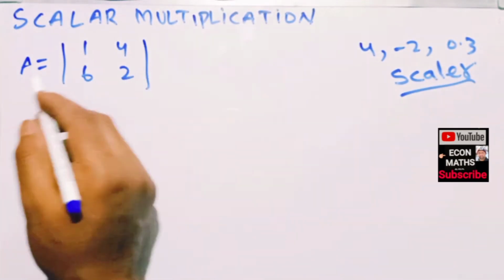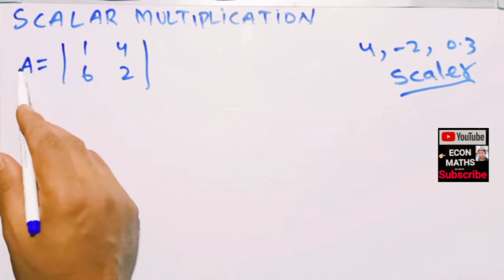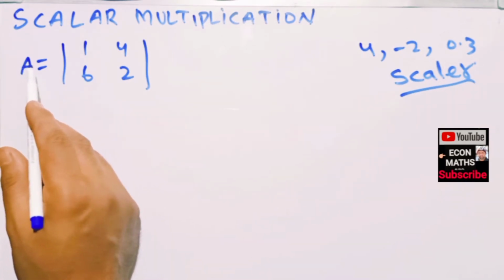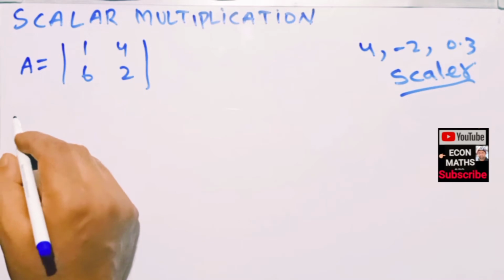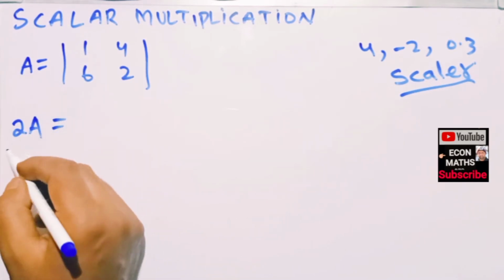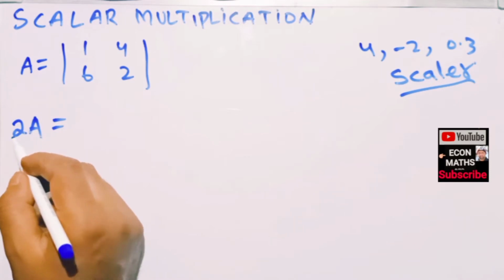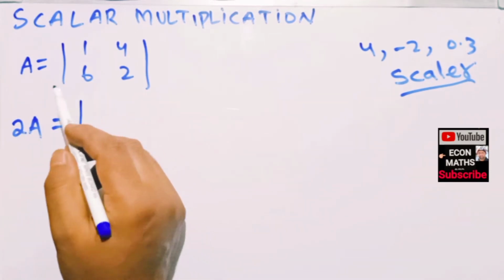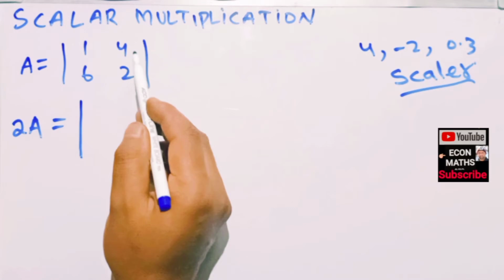This is a matrix. Now multiplying this matrix by a scalar means, if I multiply this A here, that is 2 times A. Now I have multiplied this matrix by this 2, which means I have to multiply this 2 with every element.